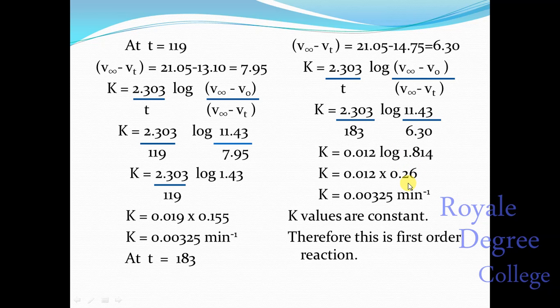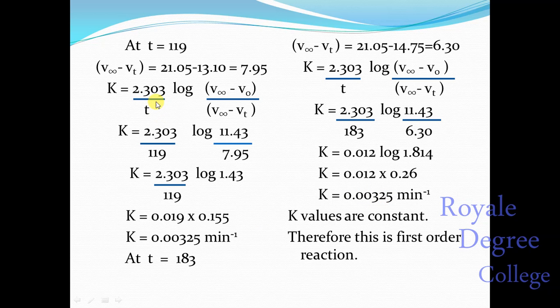We are multiplying these both values, that is 0.012 into 0.26. So we will get the value of K as 0.00325 per minute. So the K values are constant. You can see here, if the time is 183, the K value is 0.00325 per minute.